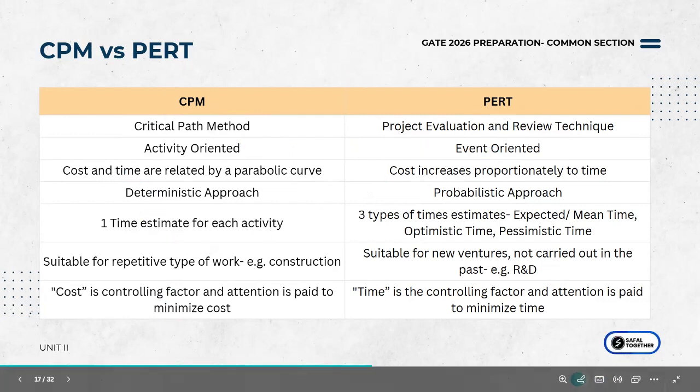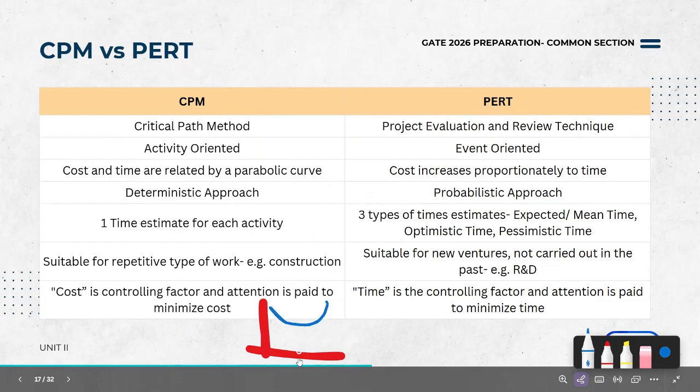In CPM, I'm just going to draw this parabolic curve for you. You have cost on one axis, you have time on the other axis. You basically have such a curve. So you're basically looking to optimize the cost and time over here.